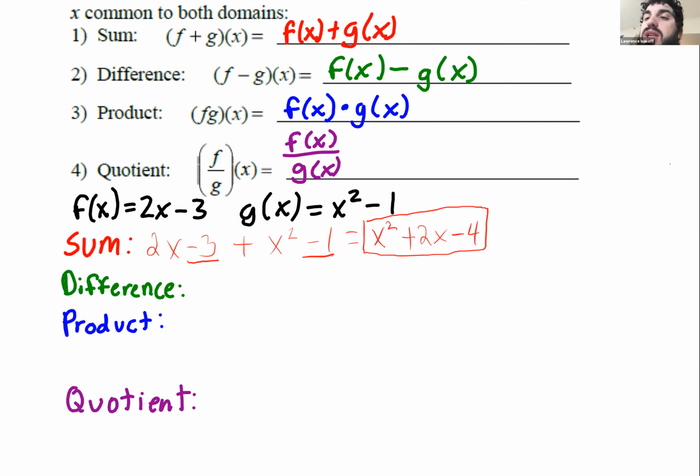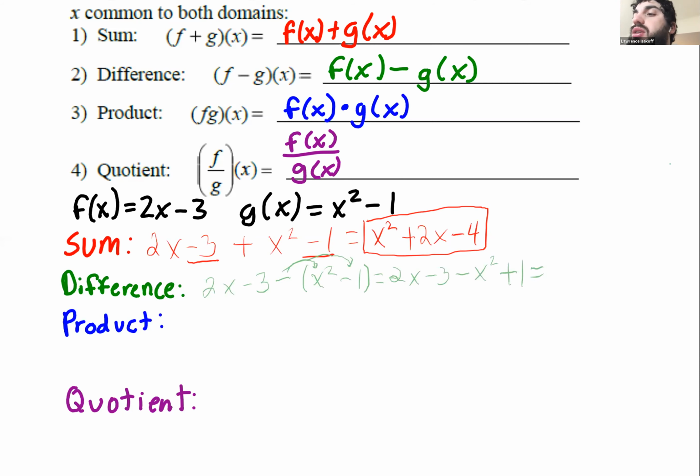The difference, all we have to do is just be careful with the minus sign. So what I have to do here is say 2x minus 3, and minus, I'm going to put all of g in parentheses. Then I would have to distribute this negative, giving me, let's start with writing the first part, 2x minus 3 minus x squared, and then negative and a negative 1 flips that to a positive.